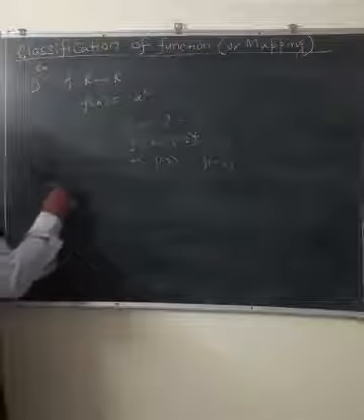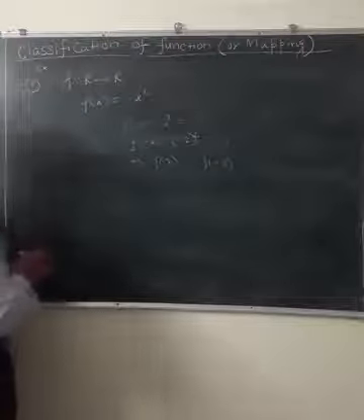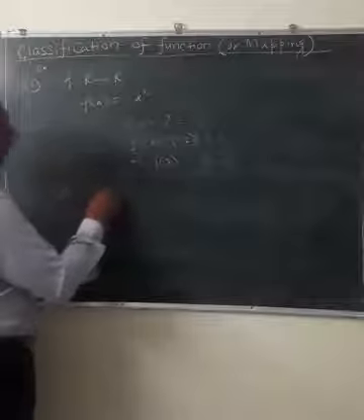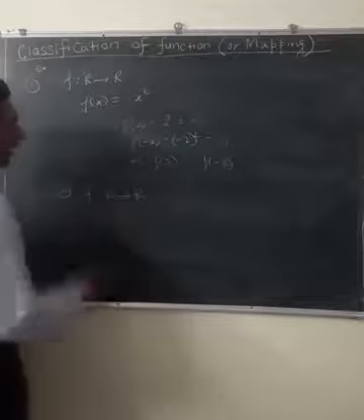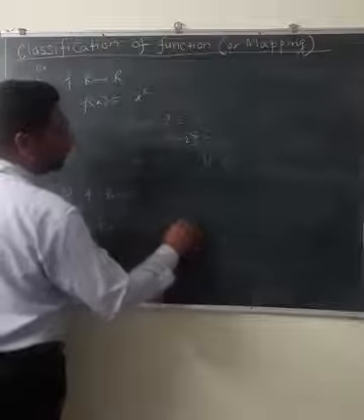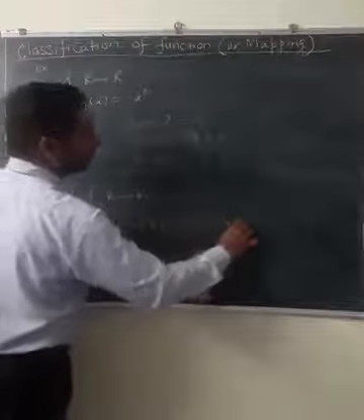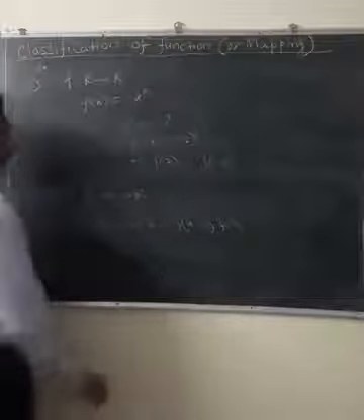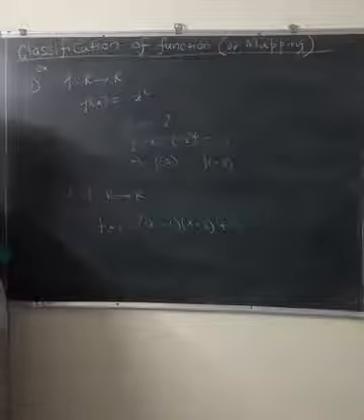I am taking more examples here. Second example, R to R, f(x) is equal to (x minus 1) into (x minus 2) plus 4. See whether it is one-one or many-one.